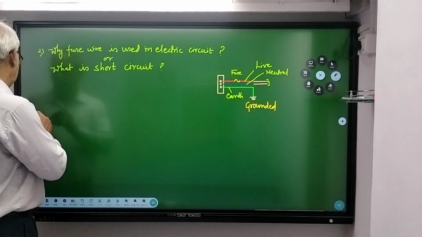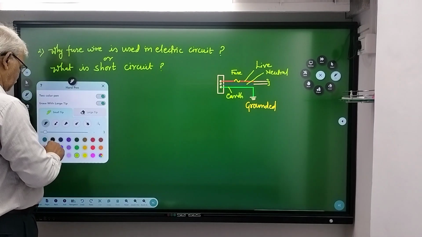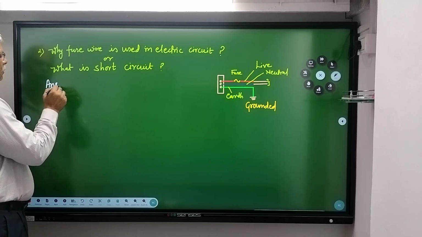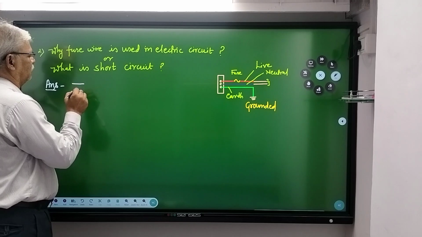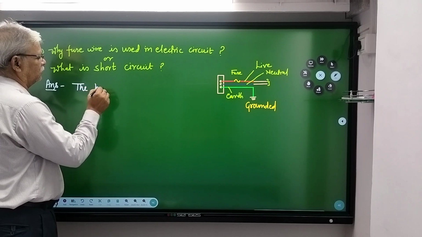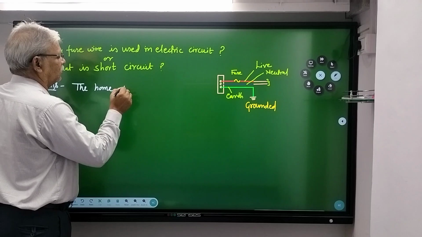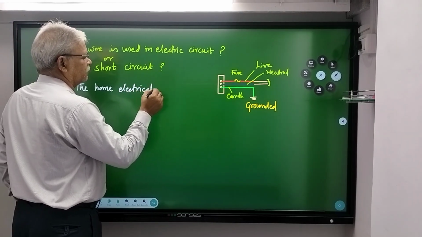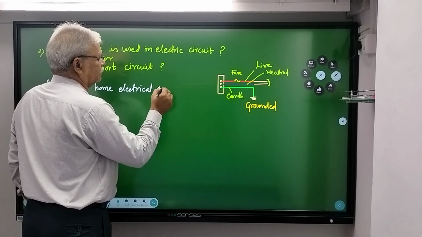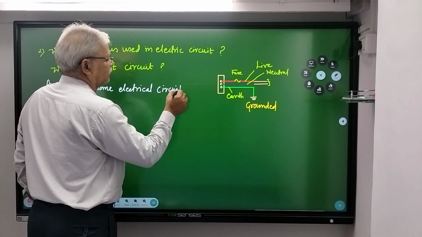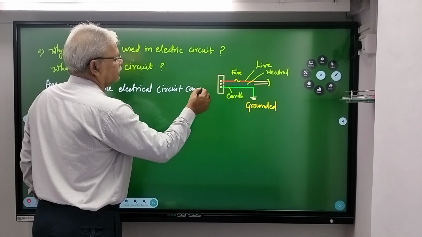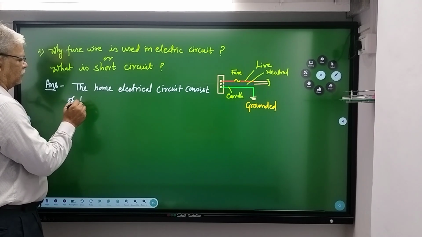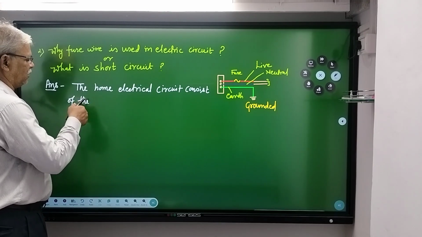Now see this answer here. The home electrical circuit consists of three wires.